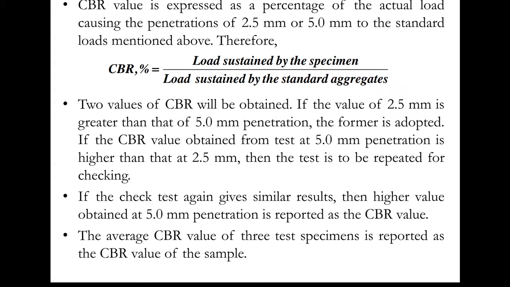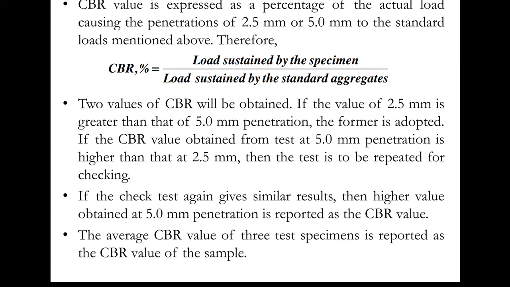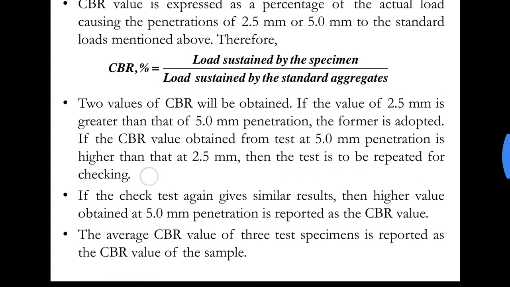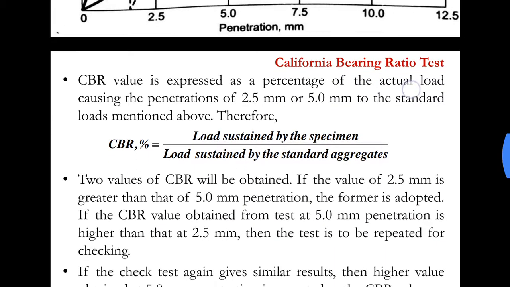Now, if the CBR value obtained from the test at 5 mm penetration is higher than that at 2.5 mm penetration, then the test is to be repeated for checking. I told you earlier that the CBR value would keep on reducing with the penetration.